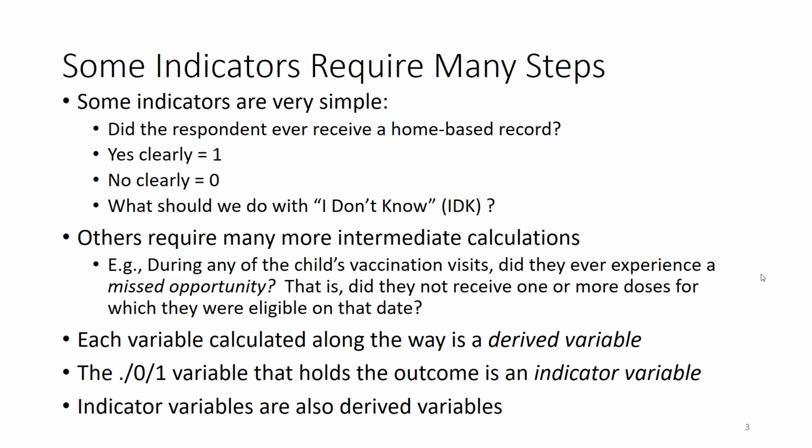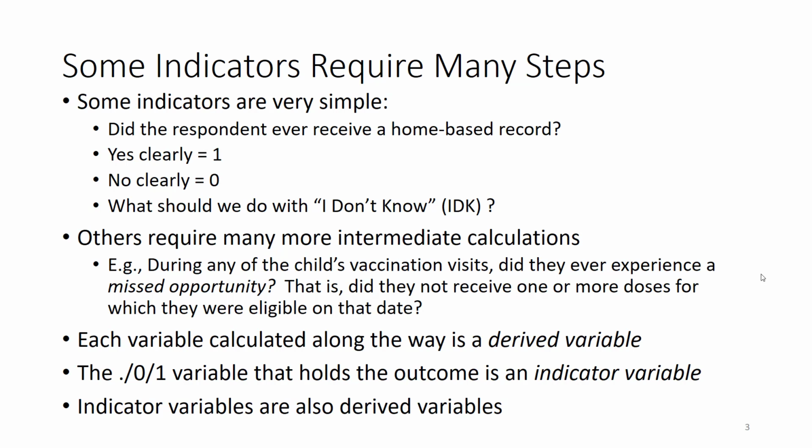Well, we have to calculate a number of variables along the way before we can get ultimately to the 0-1 indicator variable. We have to calculate for each of their visits which doses they were eligible for, and it takes several steps. So each of the variables that we calculate along the way, we call those derived variables. Some of the derived variables turn out to be these 0-1 indicators, and some of them hold other values.